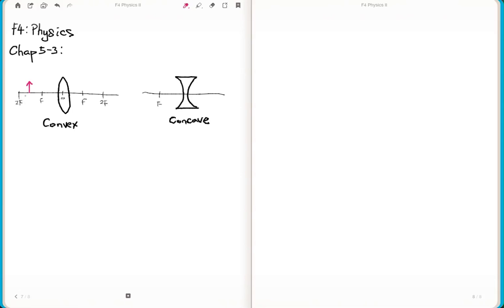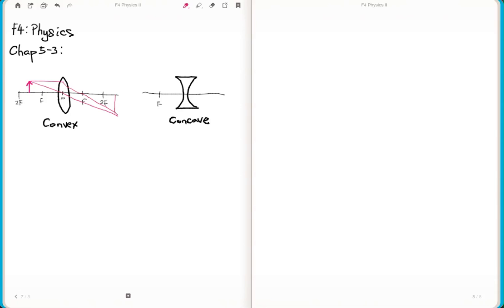So you have an object. Principal axis. If the ray is parallel to the principal axis, it will bend towards the focal point. When it passes through O, it will go straight through. I'm not drawing it up to scale.